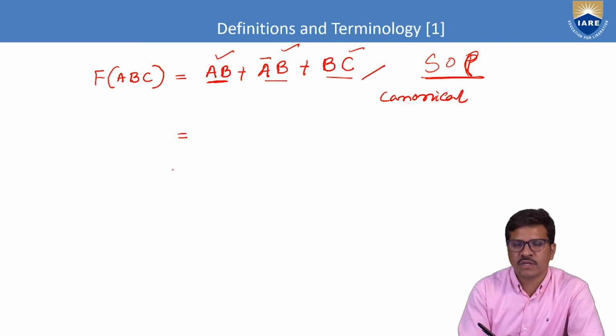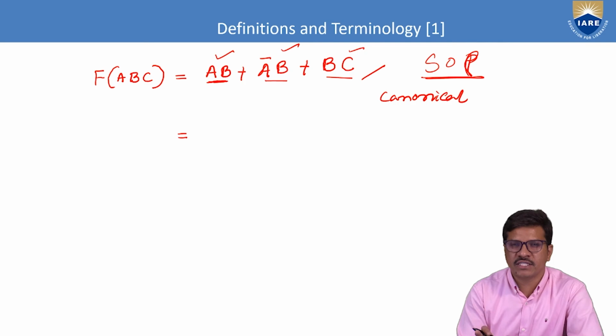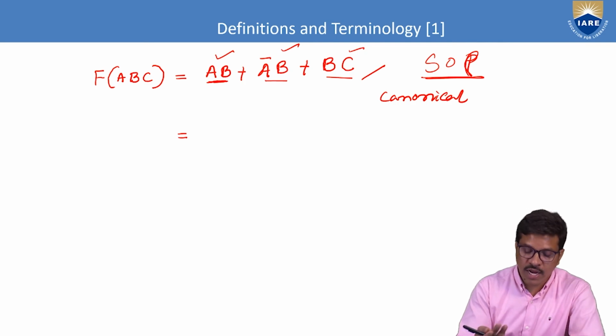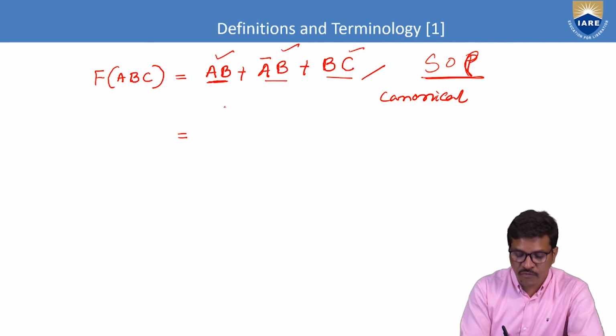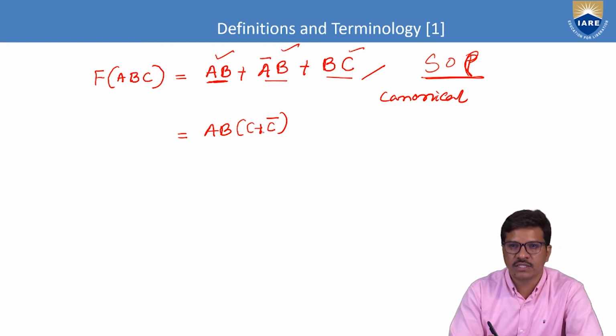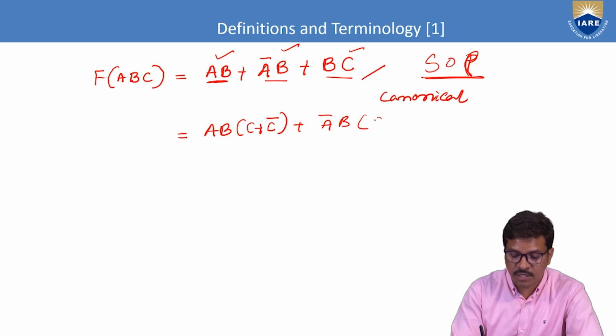By some techniques, like adding some extra variables and then rearranging the equation, we will get the standard form. For example, in this case, C is missing in the first term. We can add C plus C bar, because C plus C bar is nothing but 1. So A bar B (C plus C bar) plus BC (A plus A bar).